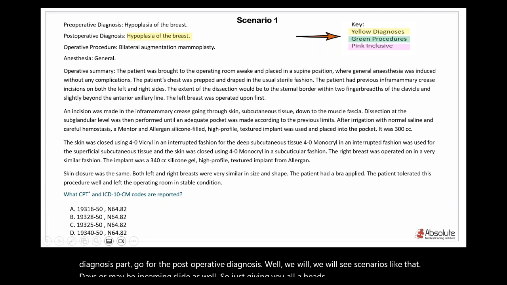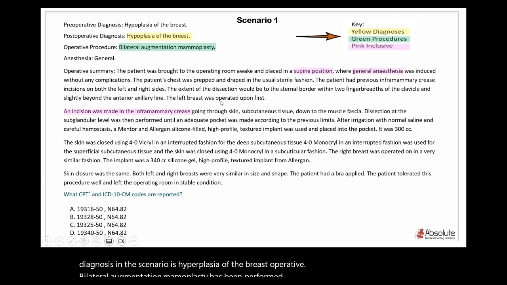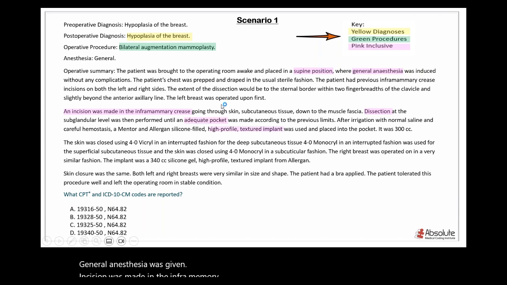So the postoperative diagnosis in the scenario is hypoplasia of the breast. Operative procedure, a bilateral augmentation mammoplasty has been performed. Patient was placed in supine position. General anesthesia was given. Incision was made in the inframammary crease. Dissection was performed.